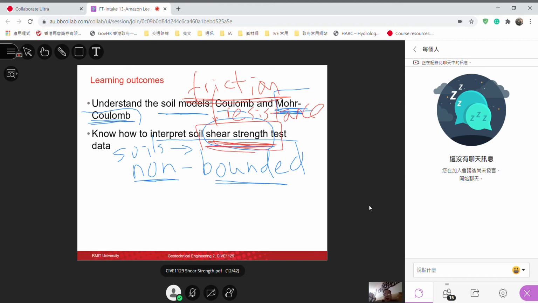That's how soil is able to mobilize the strength of the soil particles. So it's not a bonded material; it's a shear strength material. Everything comes from shear, that means frictional resistance. That is the difference between soil and other types of civil engineering material.